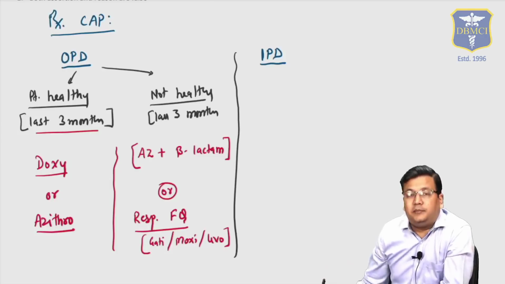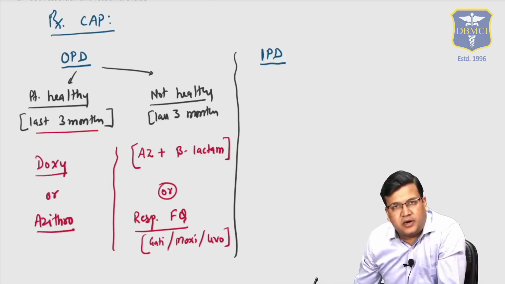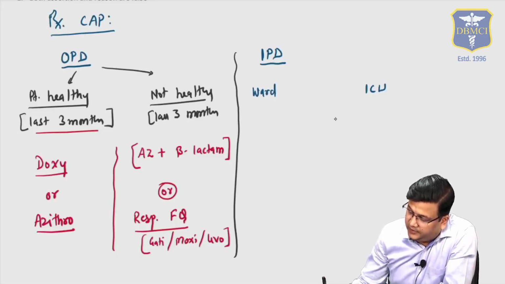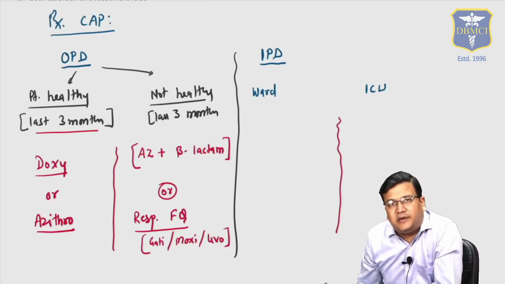Now come to IPD, inpatient treatment, patients who are admitted. Again we have to see whether the patient is admitted in the ward or in the ICU. So in this also there are going to be two types. Patient got admitted in the ward or he is more sick requiring ICU admission.